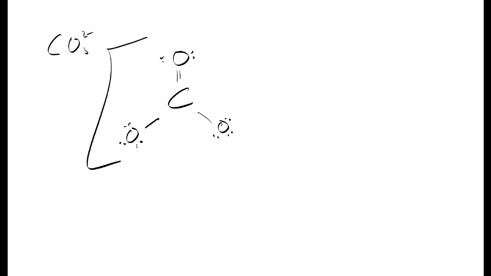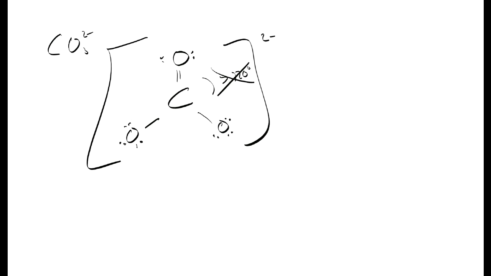One last thing. Let's look at carbonate, CO3 2-. It has this structure, and we also know that it has resonance. You have to be careful of resonance because you might be tempted to think that this bond angle is bigger than 120 degrees.